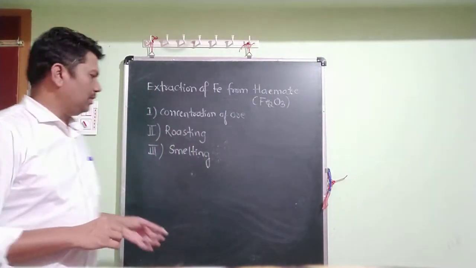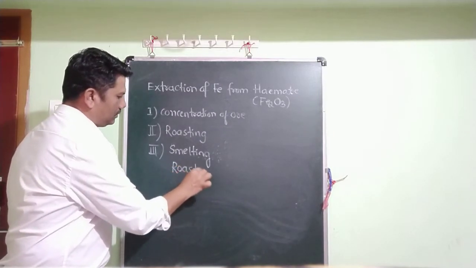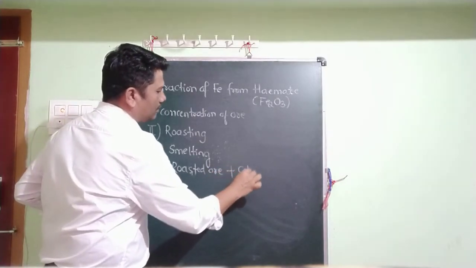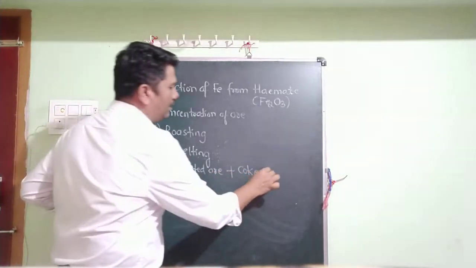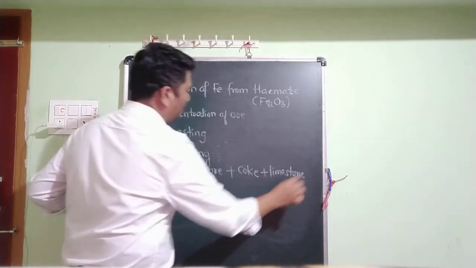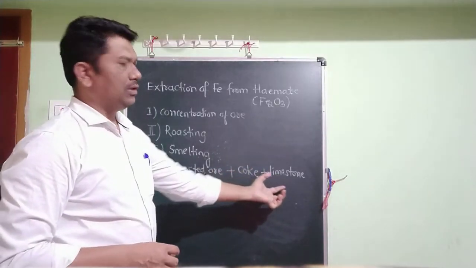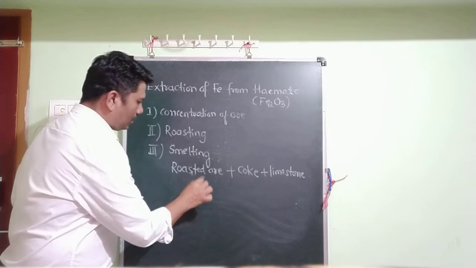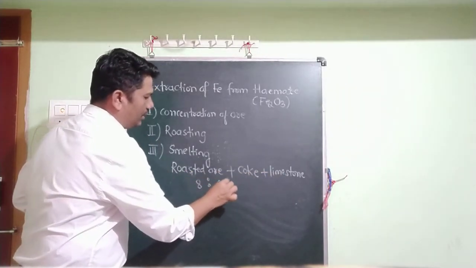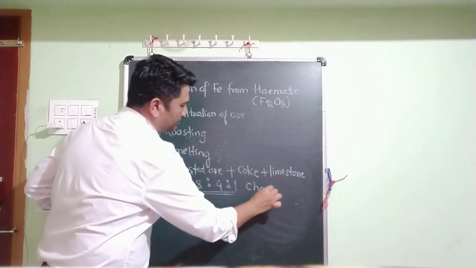During smelting, the roasted ore is mixed with coke and limestone in the ratio of 8:4:1, and this mixture is called a charge.